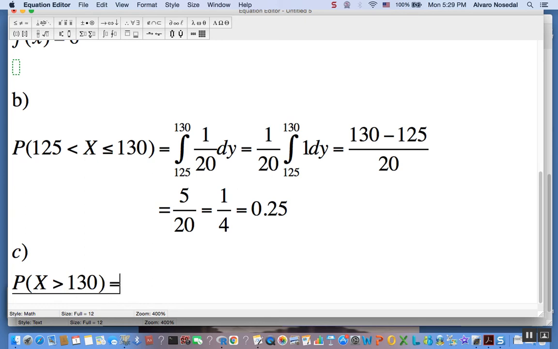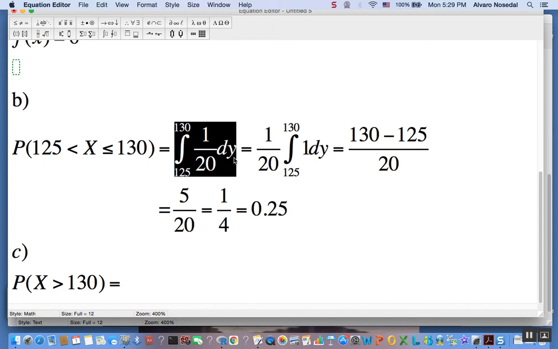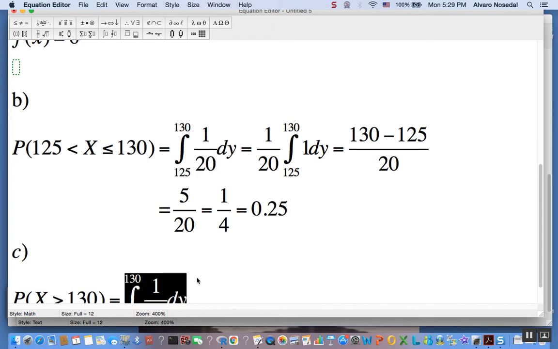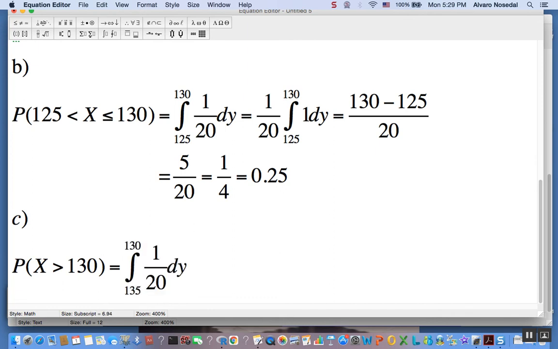So what we want is that probability, which is just the integral from 130 up to infinity of the PDF. That's what we want. You guys agree?